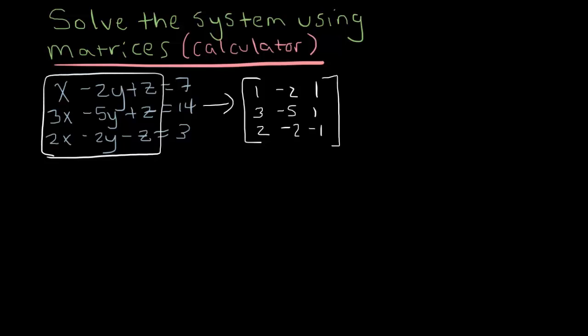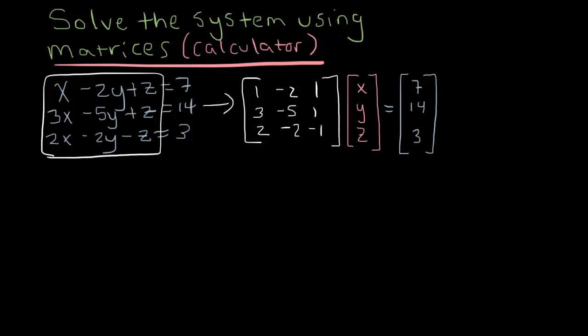And then I can multiply it by this 3 by 1 matrix called x, y, z. And then I can set that equal to the answer matrix, which is 7, 14, and 3.